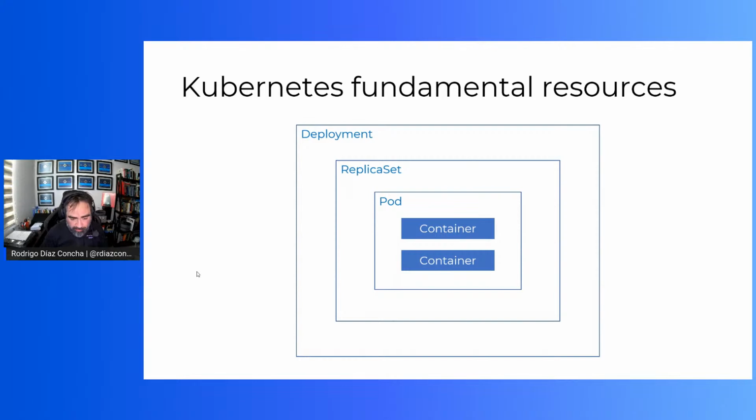So as I mentioned before, you can have more than one container. And there are other objects that we can deploy in a Kubernetes cluster. I'm going to talk about that maybe today, maybe in the next session, such as the service object.